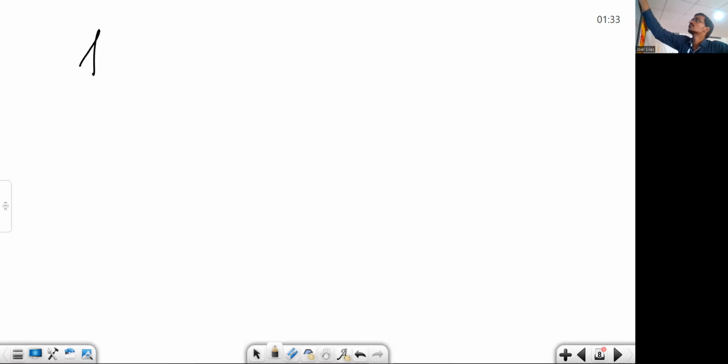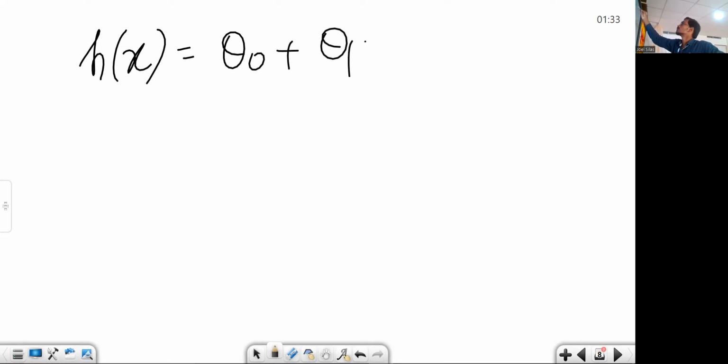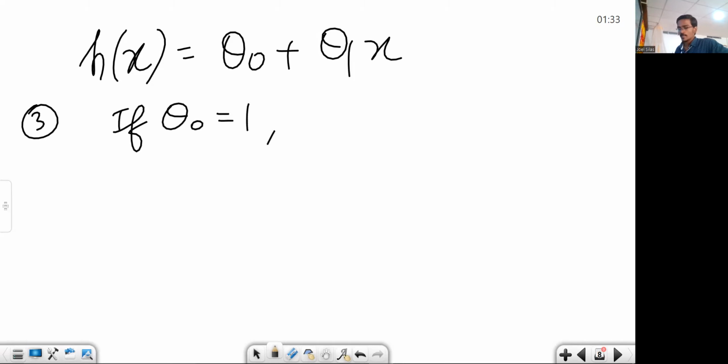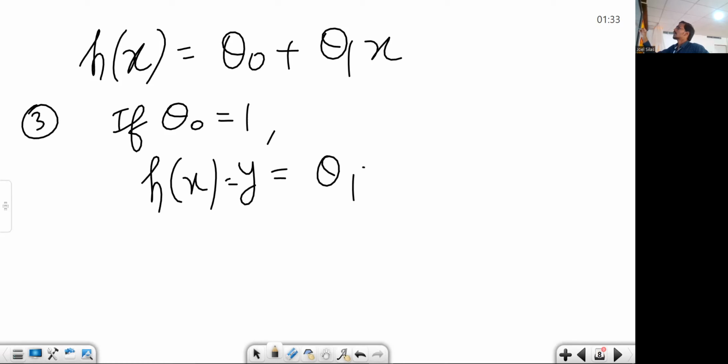Now, case 3. If theta 0 is 1, h of x will become equal to theta 1x plus 1. Or instead of 1, you can take 2, 3, anything. So any constant value, say k.